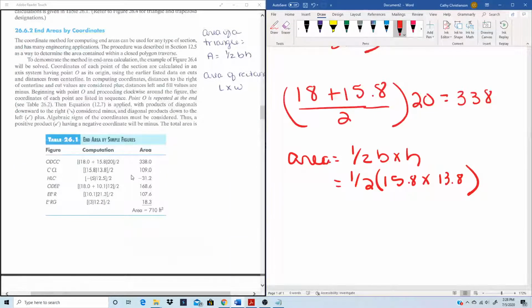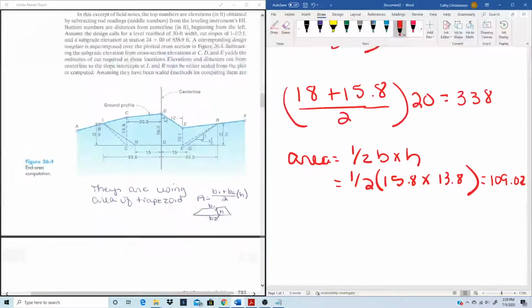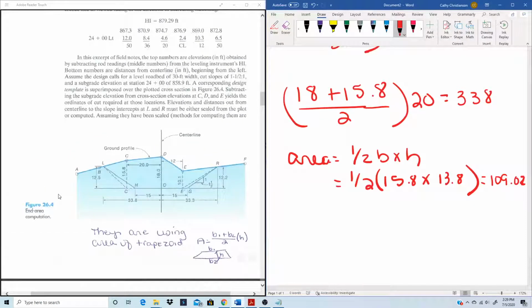So if I do 15.8 times 13.8 and divide that by 2, that gives me 109.02. And that's square feet. So it's just breaking it down into smaller portions, and then you can add them all together to get your area. So that would be another way that you could solve something.